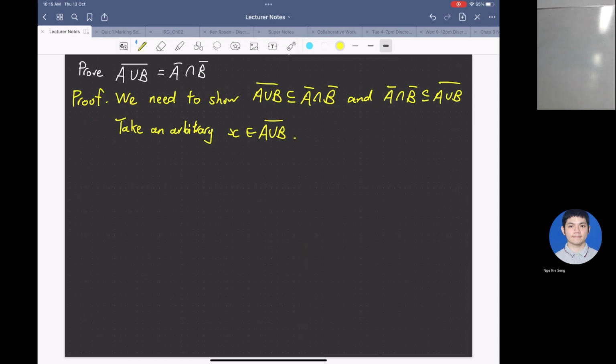So then what do we have? Then x is not in A union B. This is by the definition of complement.